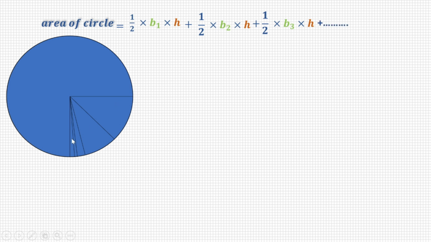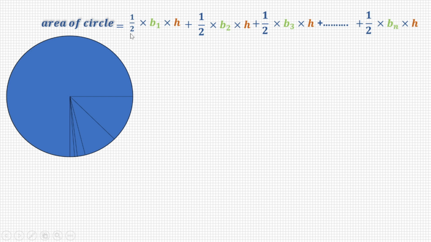In the same way, infinitely many triangles can be constructed. Suppose there are n triangles, so the last triangle is half into bn into h, where bn is the base of the last triangle, the nth triangle. n can be infinite, can be 1000, can be 10,000. So the last triangle's base is this.